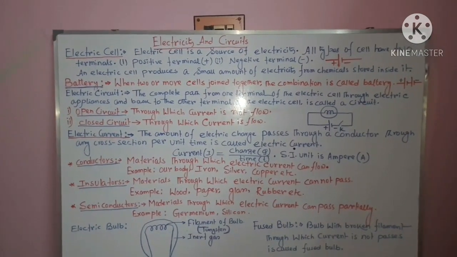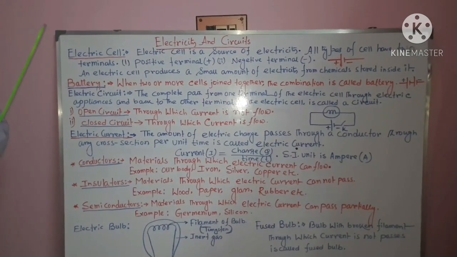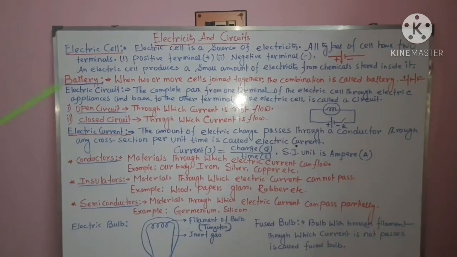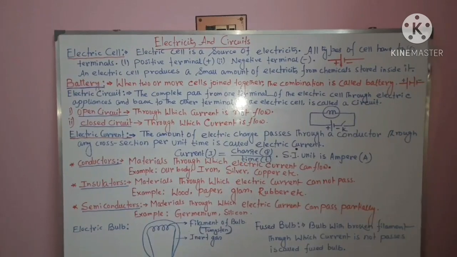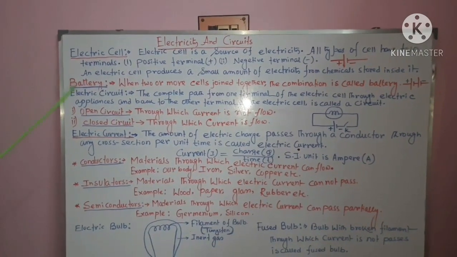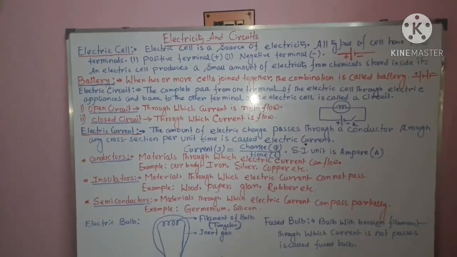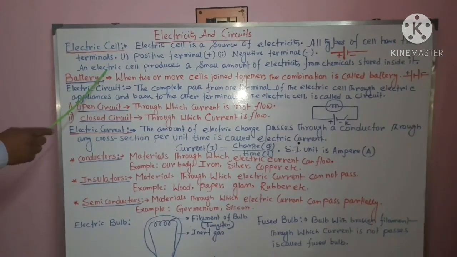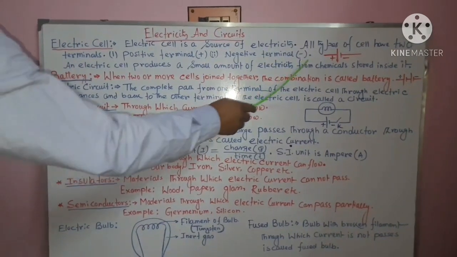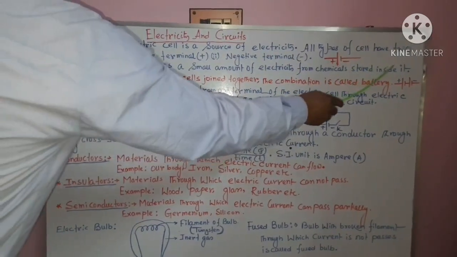Within the electric cell, there are some chemicals present. From those chemicals, the electric cell produces some electricity. That's why I write: an electric cell produces a small amount of electricity from the chemicals stored inside it.